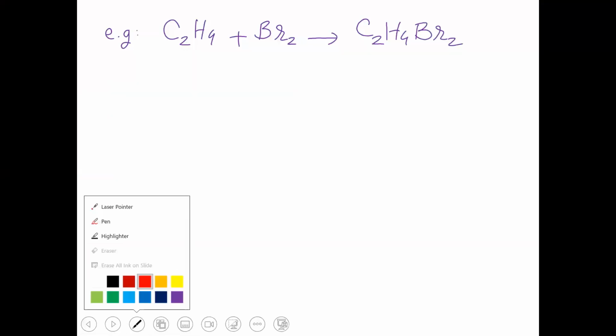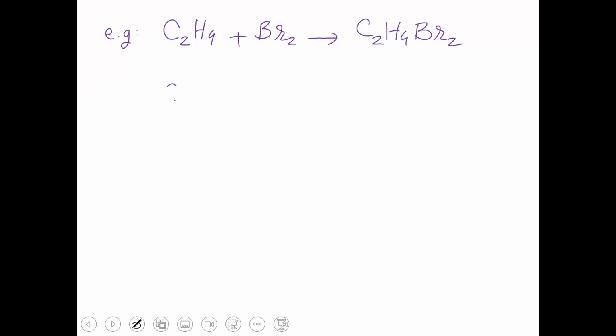If I want you to recall, there was a double bond and there was a single bond.